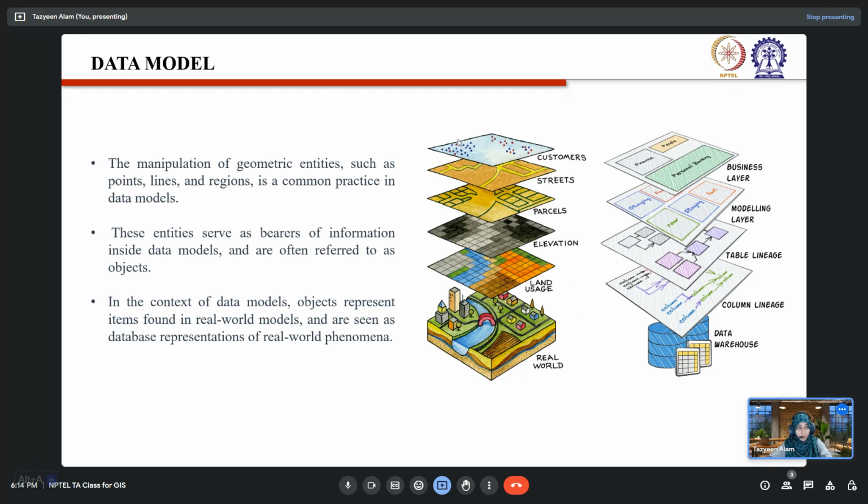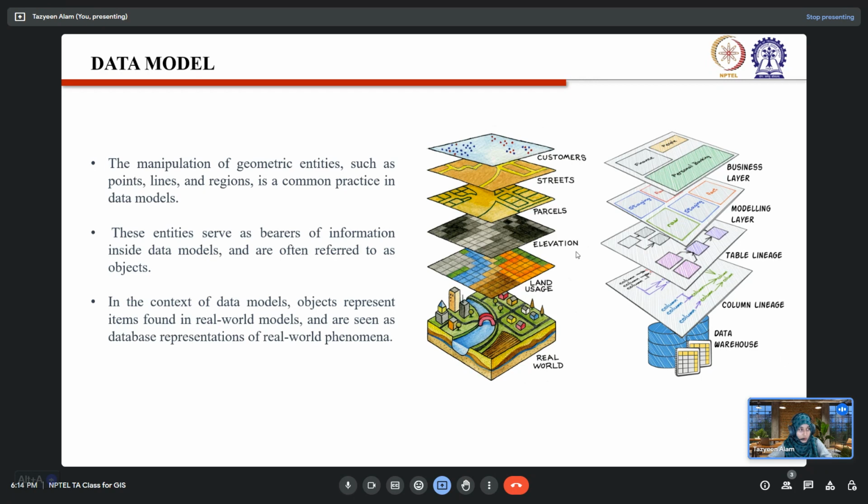And the point feature of the vector digital model is representing the customers or the movement of people or the number of people residing in that particular real world area. So these entities serve as bearers of information inside your data model and are often referred to as objects. Okay, so these are different planes of objects.